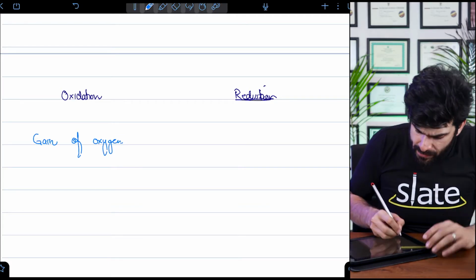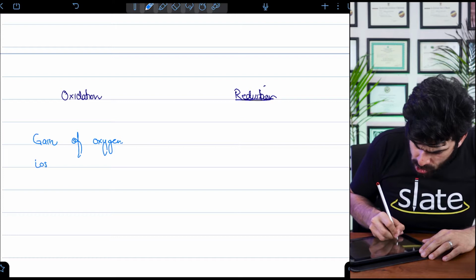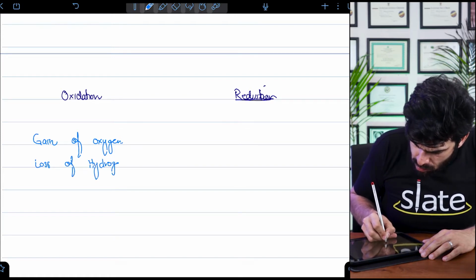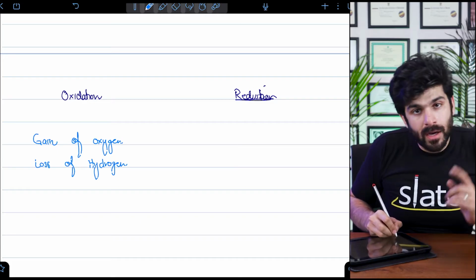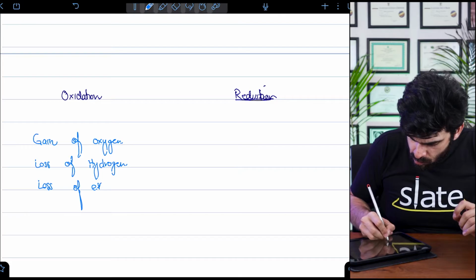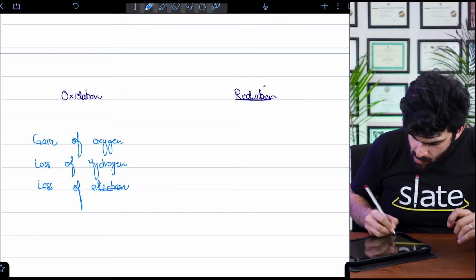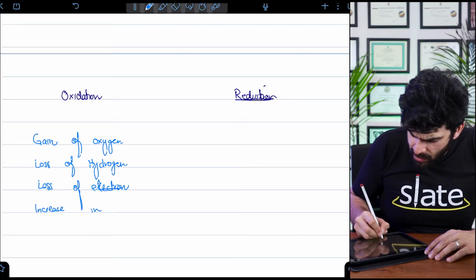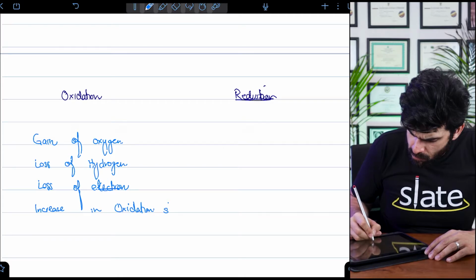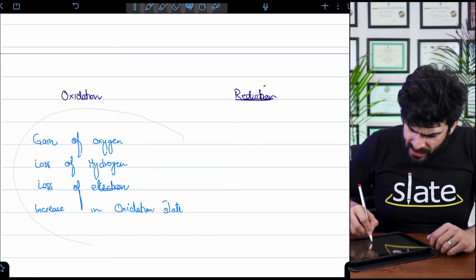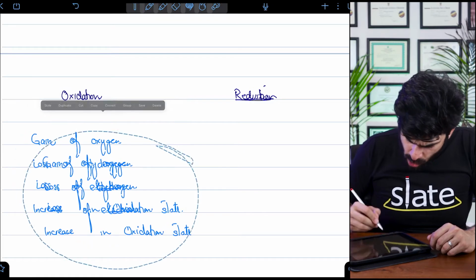It is the loss of hydrogen. It is the loss of electron. And it is the increase in oxidation state. Now, these are the four factors. I will discuss which ones are the important for O levels.